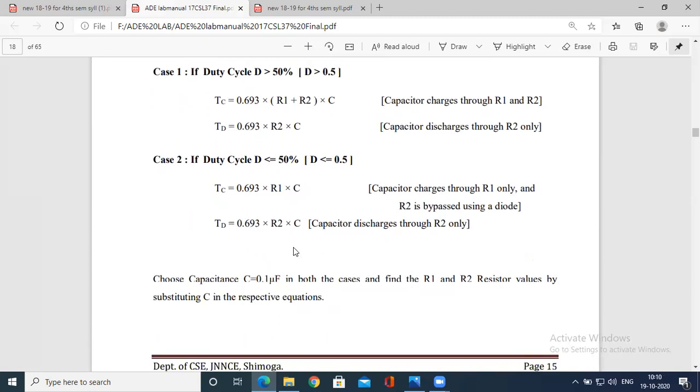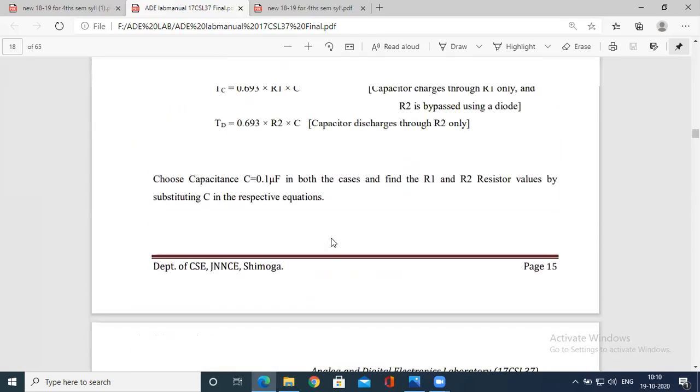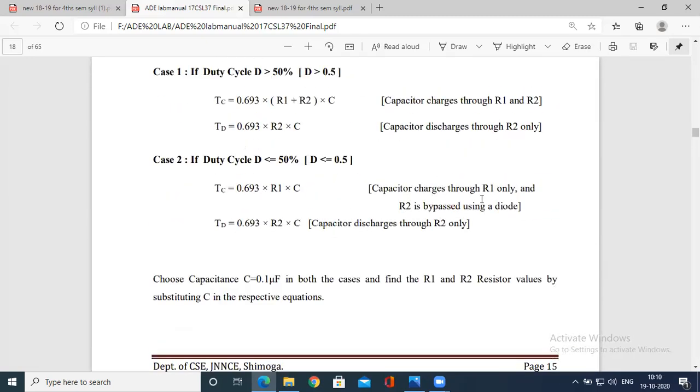Whereas in the case of duty cycle less than 50 or equal to 50, the capacitor charges only through R1, since we connect a diode. R2 is bypassed using a diode, as you will see in the circuit design. In the case of discharging, the capacitor definitely discharges through R2 only.